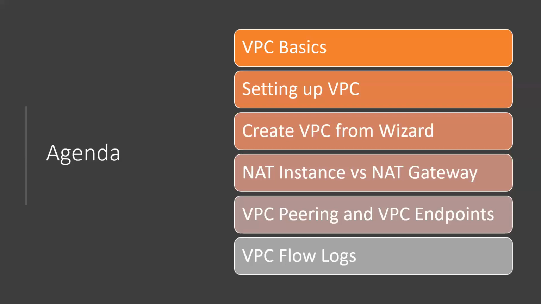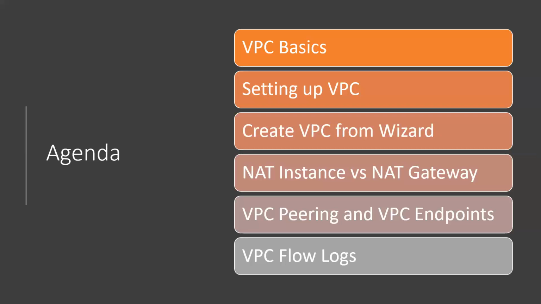So the flow will be: we will first talk about VPC, then see how to create a VPC, then how to create a subnet in that. Then we will see how you launch EC2 instances in that, how you create an internet gateway, and how you do routing. Then we'll talk about NAT instances and NAT gateways.